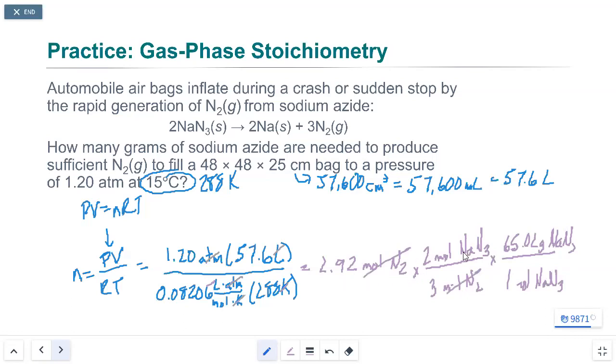Moles of nitrogen cancel out. Moles of sodium azide cancel out. The 3 significant figures, 127 grams of sodium azide.